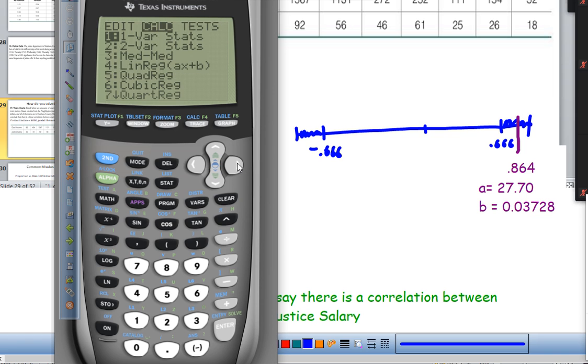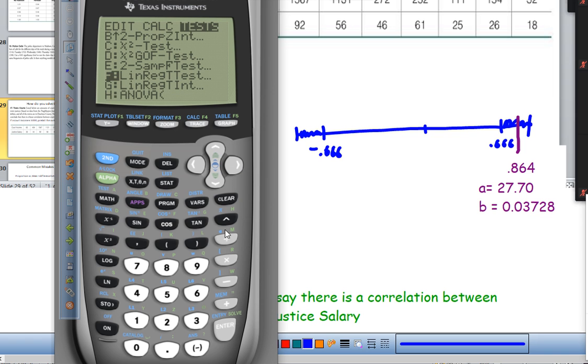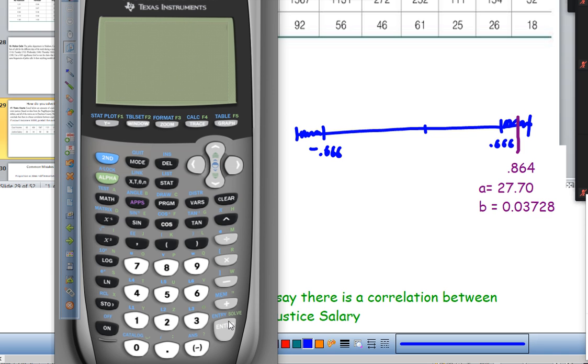Stat, test, LinRegTTest, and then calculate. That gives me my A and my B. I'm going to write them down: A is 27.70, and B is 0.03728.